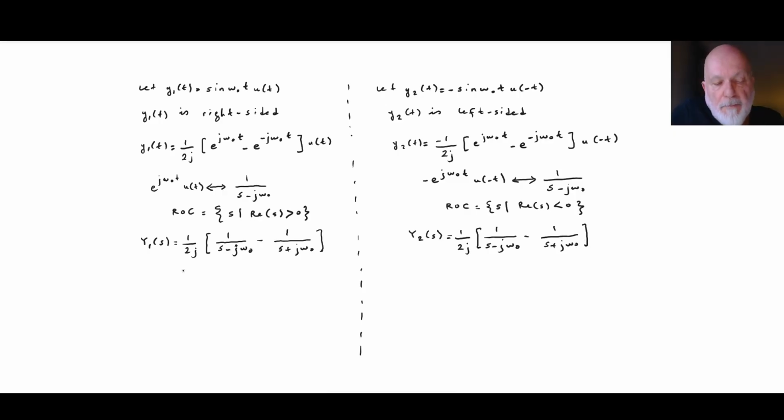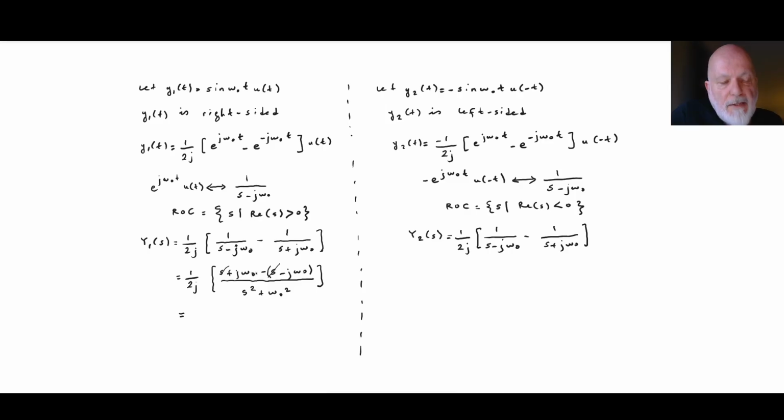So if we just try to obtain a simplification, in the numerator we have s plus j omega 0 minus s minus j omega 0, divided by the product, which is simply s squared plus omega 0 squared, and therefore the s terms will cancel out.